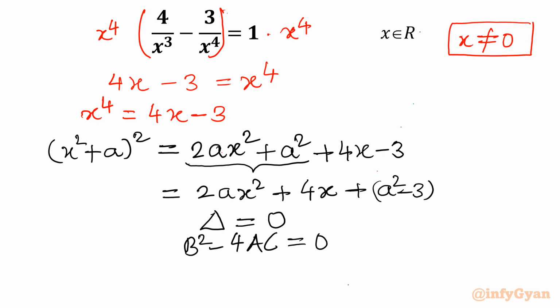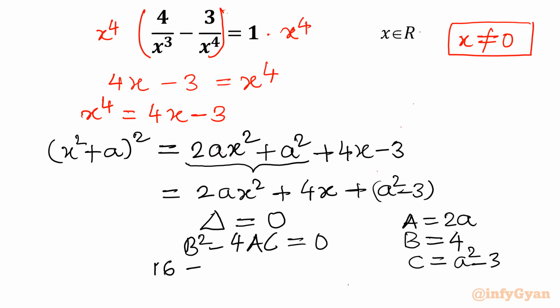So what is ABC? Let me write here. A is the coefficient of x square, capital B is the coefficient of x, capital C is the constant coefficient. Let's put them over there. So I will write b square, so 16 minus 4ac. So 4 times 2a, 8a, and c is a square minus 3.